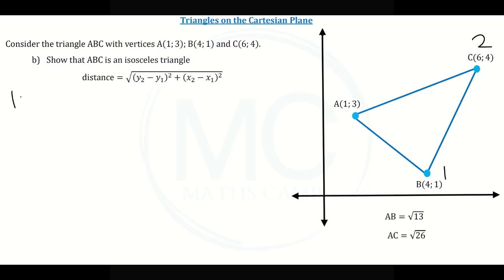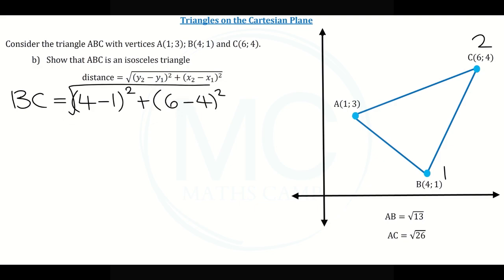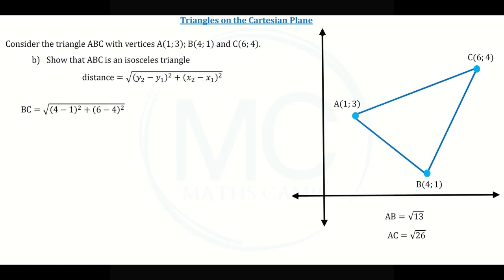So we can say the length of BC is equal to 4 minus 1 in a bracket squared plus 6 minus 4 in a bracket squared, all under a square root.